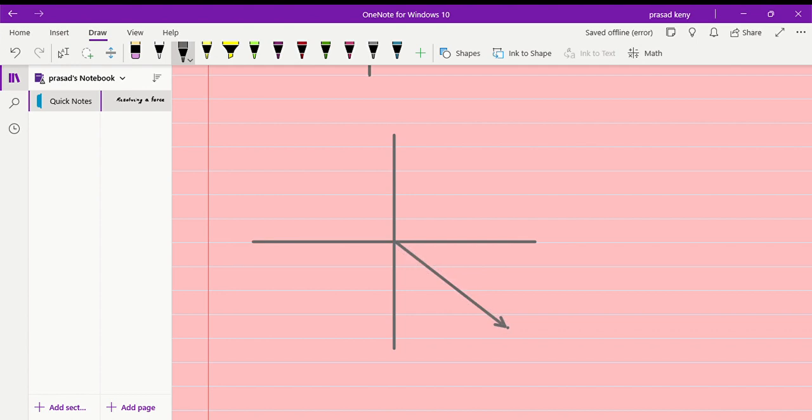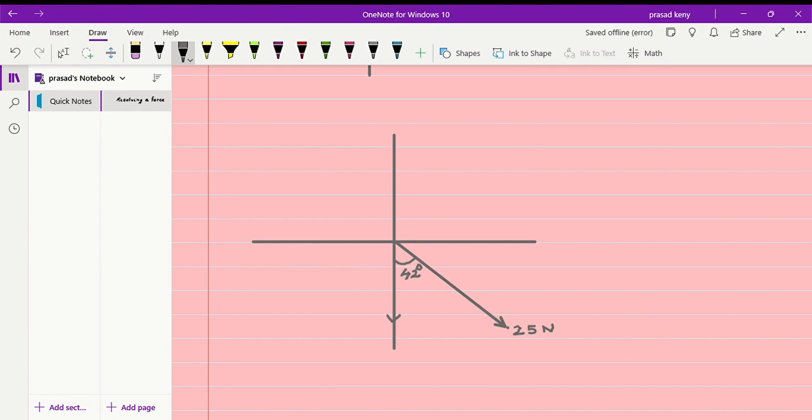Now this force is of 25 Newton and it is acting in the fourth quadrant and the angle made with the y direction is 42 degrees. So the cos component will be along the negative y direction because negative y direction is the adjacent side of 42 degrees.